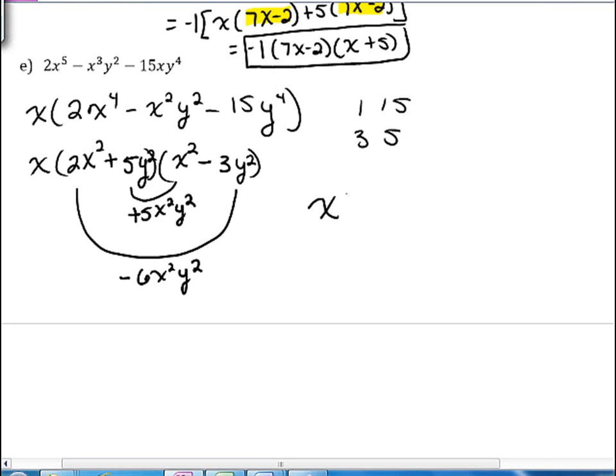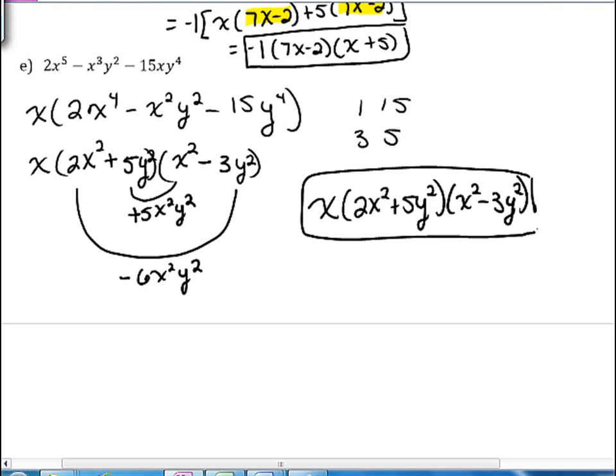So this factors as x times the quantity 2x squared plus 5y squared times x squared minus 3y squared. And that is the end of our lecture on factoring a trinomial with a leading coefficient other than 1.